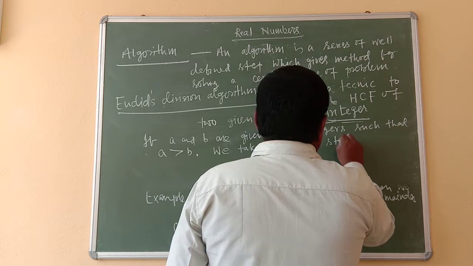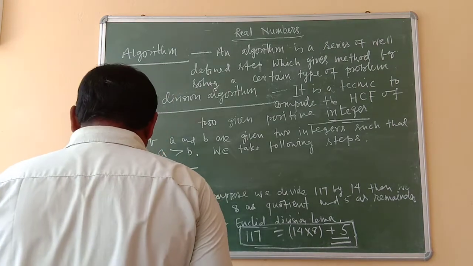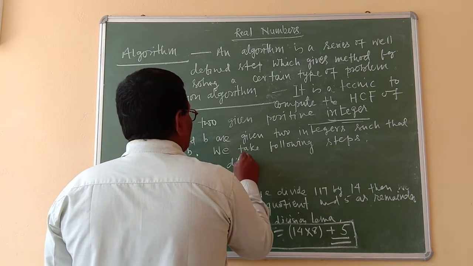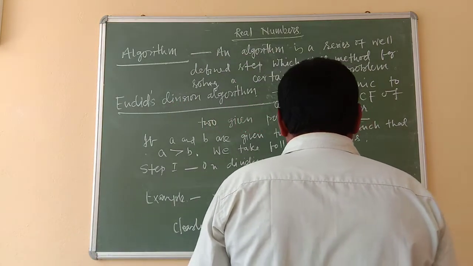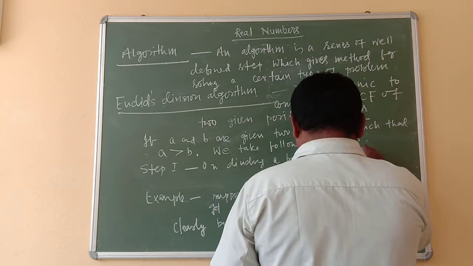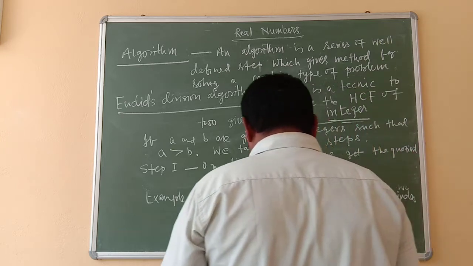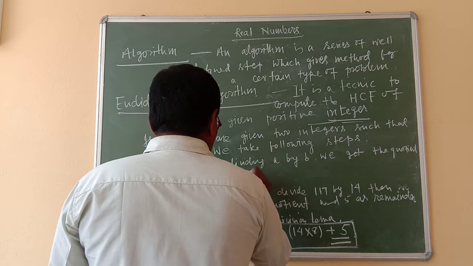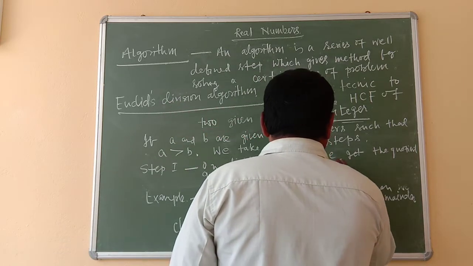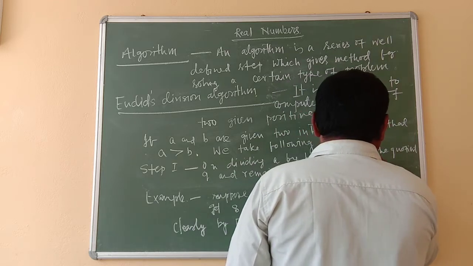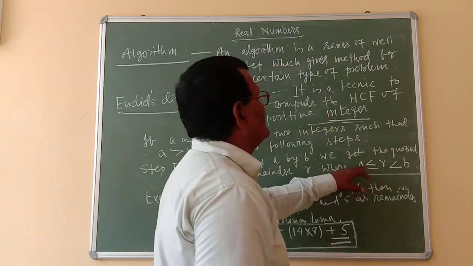Step 1: on dividing a by b, we get the quotient q and remainder r, where r is greater than or equal to 0 and less than b.